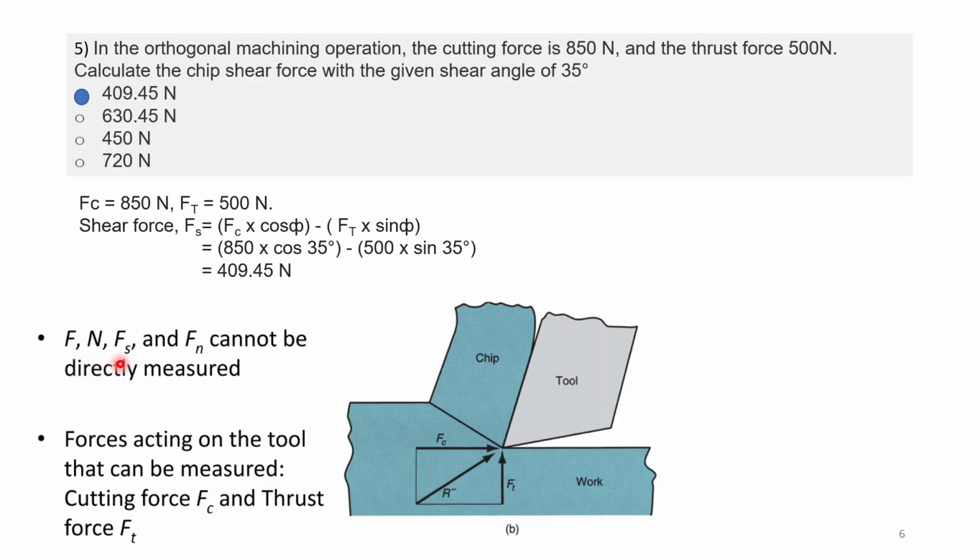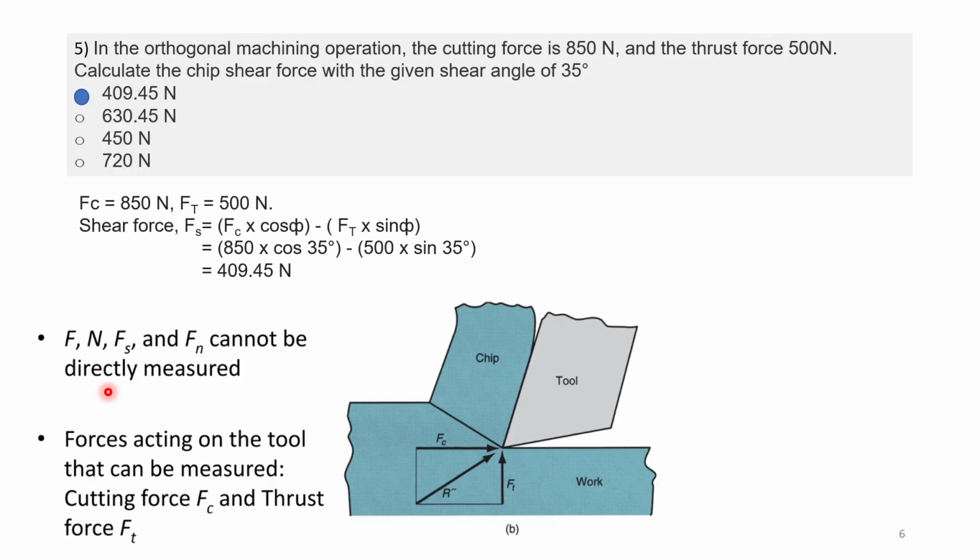Forces such as the friction force, the normal force to the friction force, and then Fs and Fn, the shear force and the normal to the shear force, cannot be directly measured.